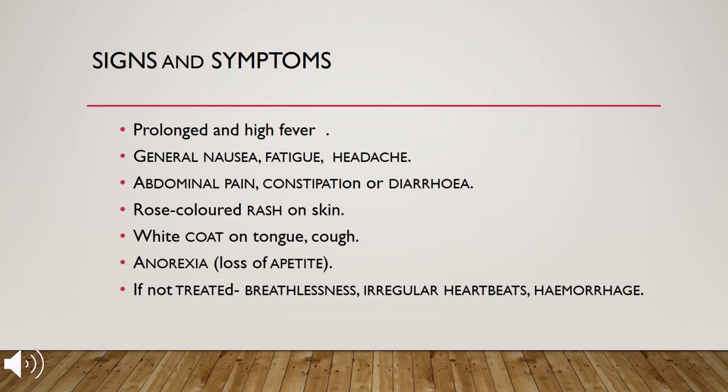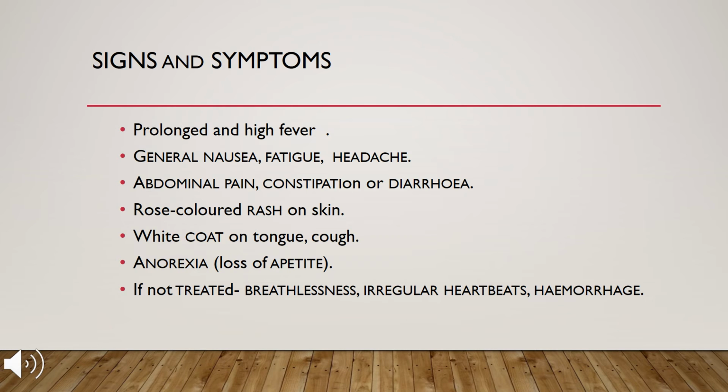Signs and symptoms of typhoid: prolonged and high fever, general nausea, fatigue, headache, abdominal pain, constipation or diarrhea. As it is an intestinal disease, obviously you will be suffering from abdominal pain, constipation, or in some cases diarrhea.